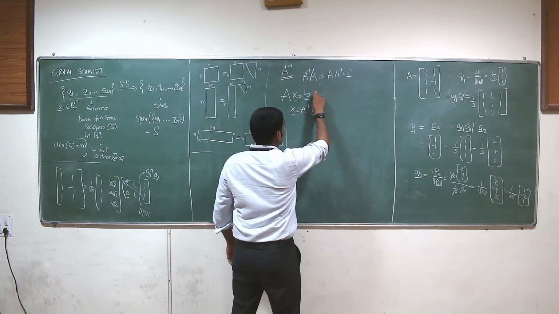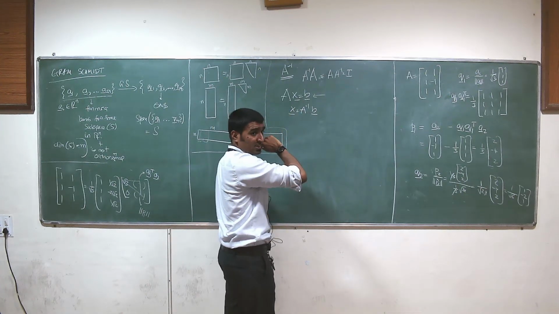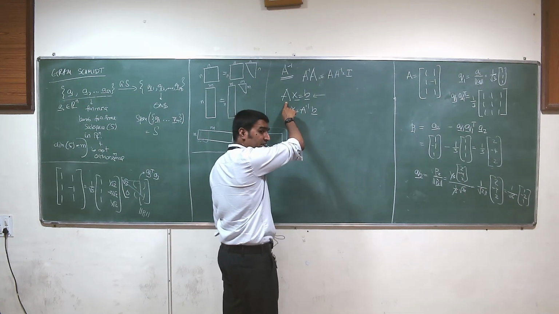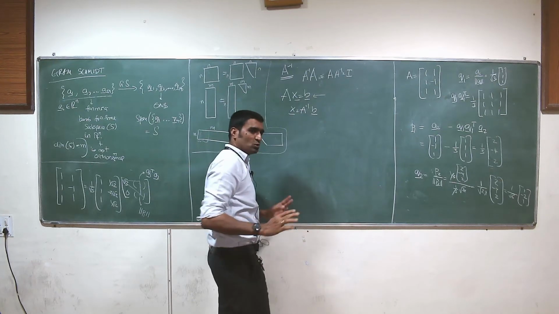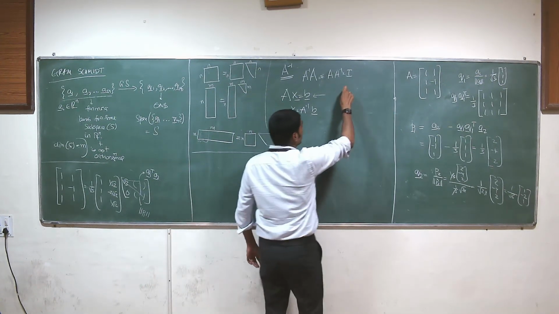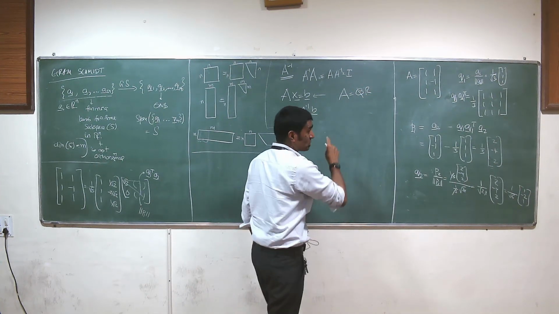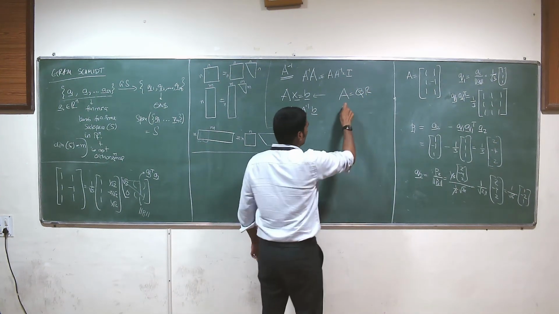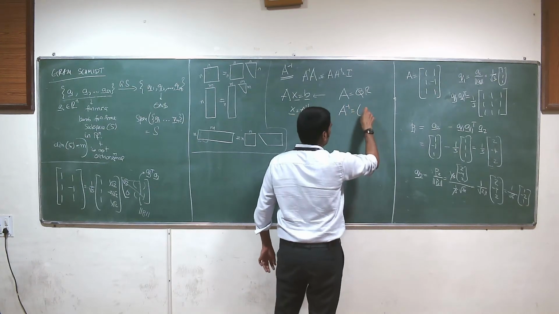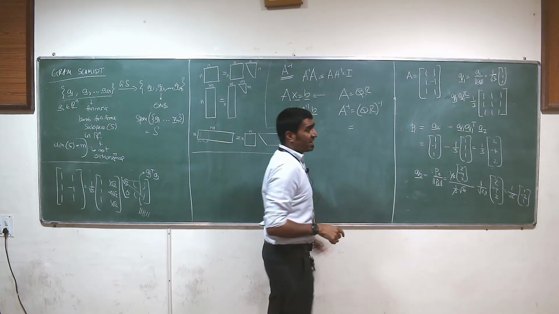Let's say you had a system of equations like this, and you had the QR decomposition of A. Let's not worry about how we got it. That means we have A equals QR, A square full rank. That means A inverse is simply QR inverse.